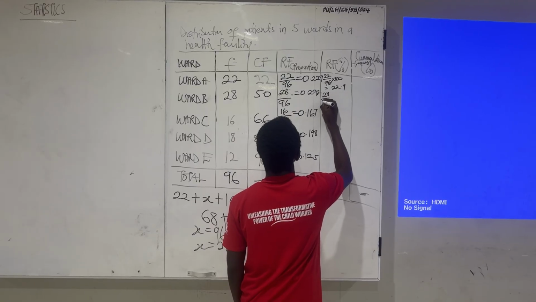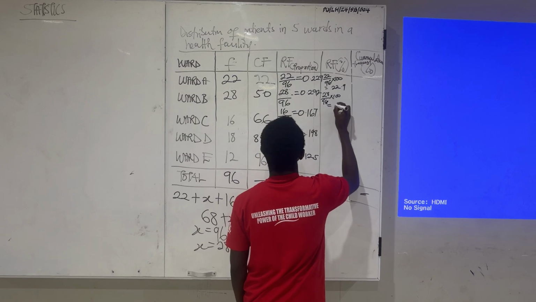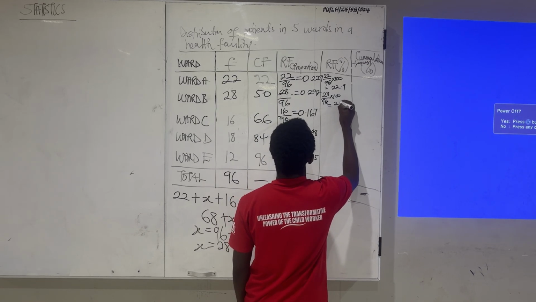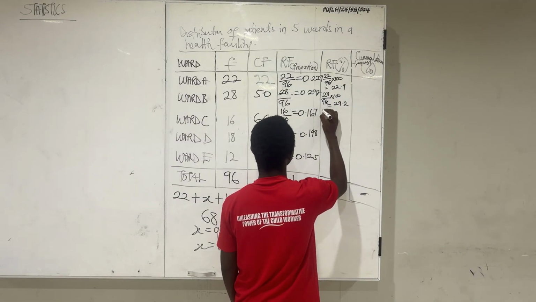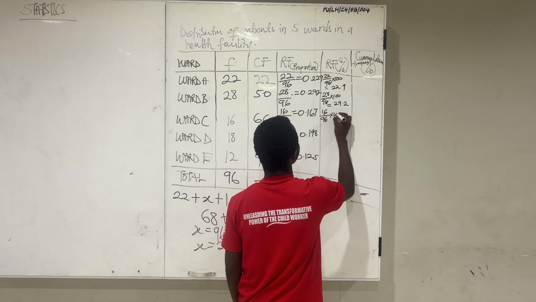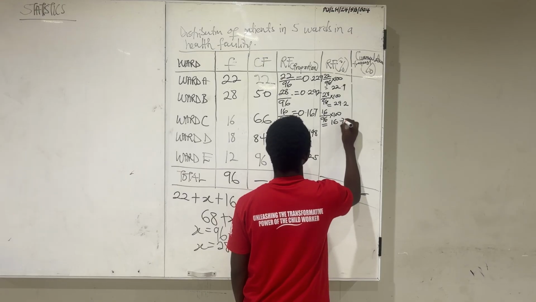28 divided by 96 times 100, which will give you 29.2. And you do the same for this one, 16 divided by 96 times 100, which will give you 16.7.